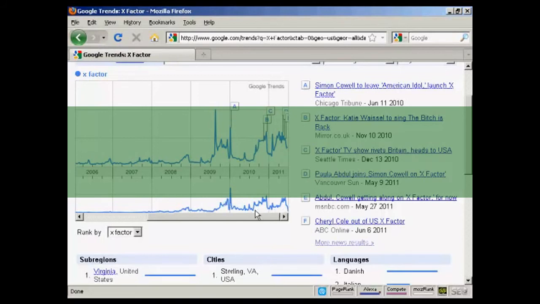You can see here there were more news stories being written about, and then you've got the various peaks as the show starts to take off and so on. And this one here shows the peak in traffic when Simon Cowell left American Idol, and these when various things have happened on the show. You know, when people started writing about Cheryl Cole and Paula Abdul and so on.